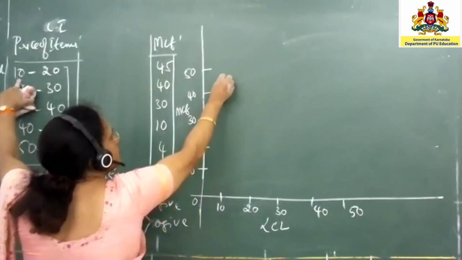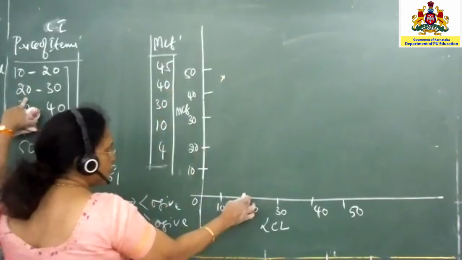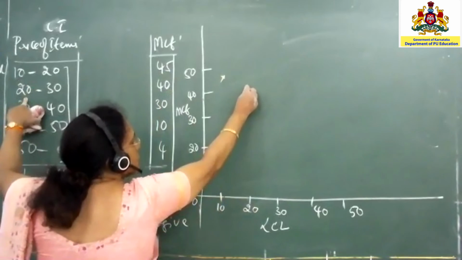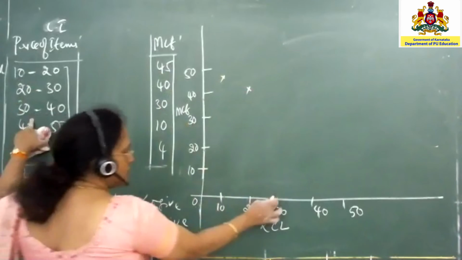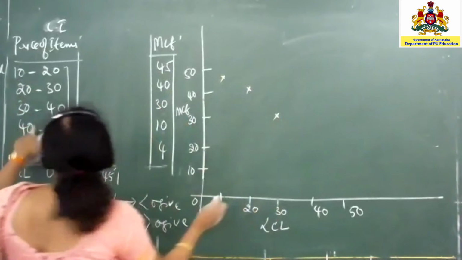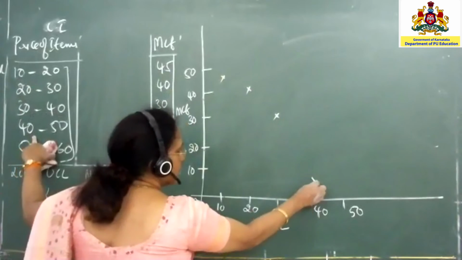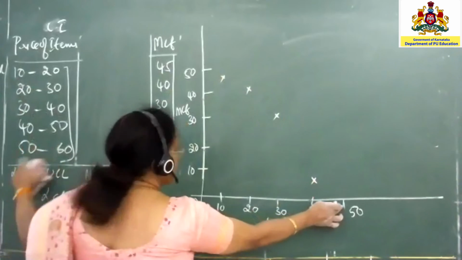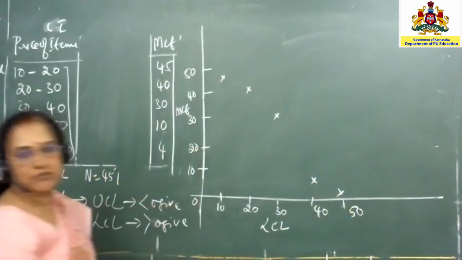So somewhere here. Next one, this is 20. So 20 against 40. Okay, next you have 30. So 30 and 30. Okay, next one, this is 40 and 10. Last one, this is 50 and this is 4. Here, something like this.